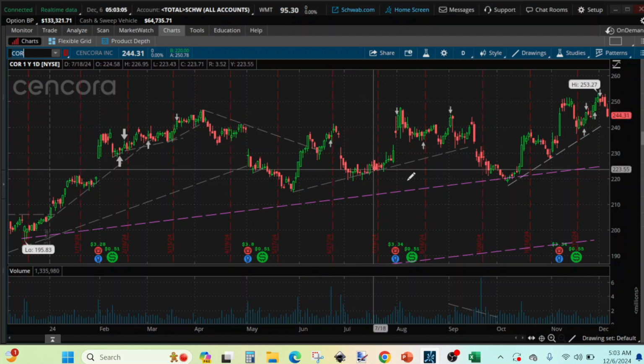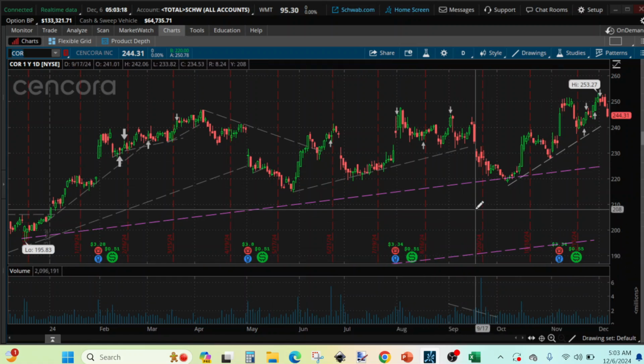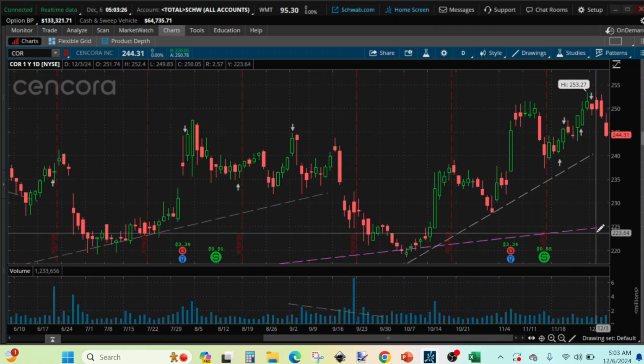It is a trading platform that you can download and have on your computer.